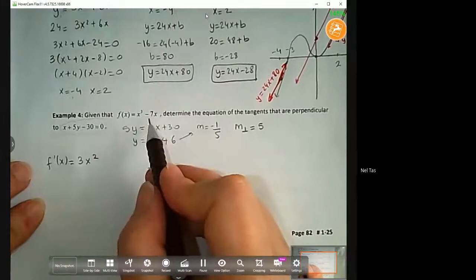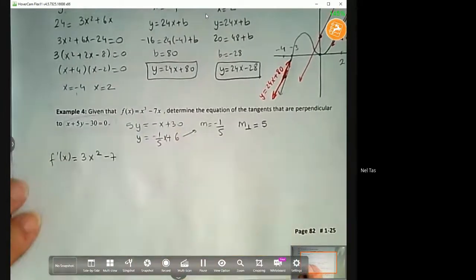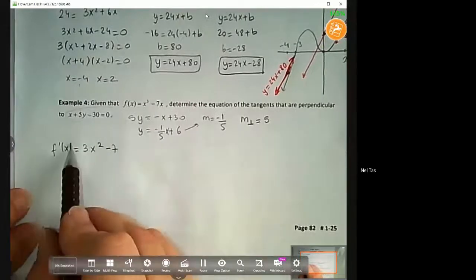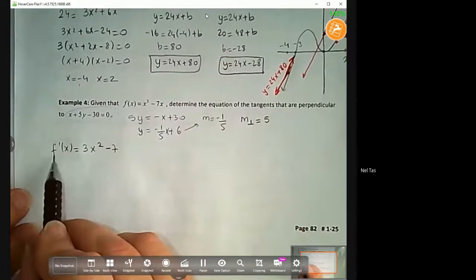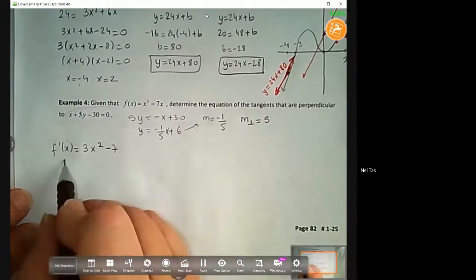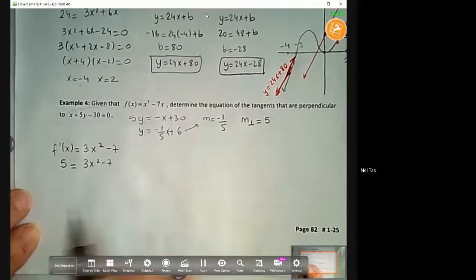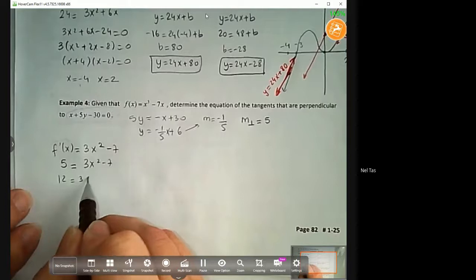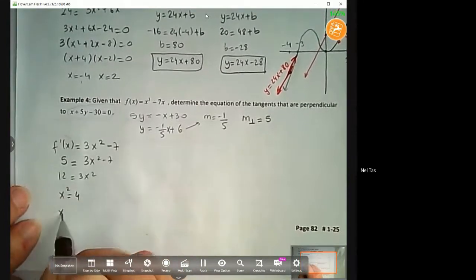The derivative of negative 7x is negative 7. So now, again, this is the function for slopes of the tangents. So we want that slope to be 5. So we get 12 equals 3x squared, so x squared equals 4, and x is plus and minus 2.